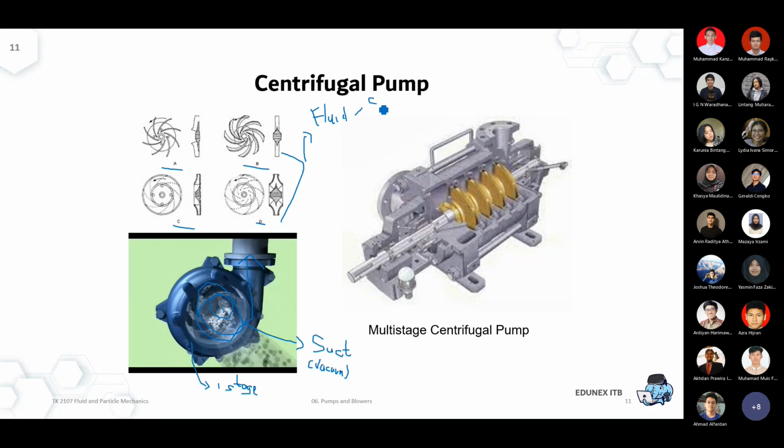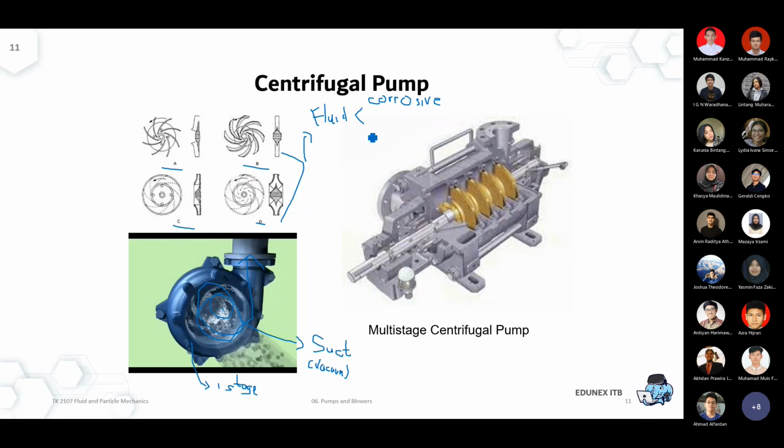It depends on whether the fluid contains corrosives. It will affect the material selection. If it's not corrosive, then I can use carbon steel. If it's a very corrosive feed, then I have to use an exotic alloy, like stainless steel or any other more expensive metal.